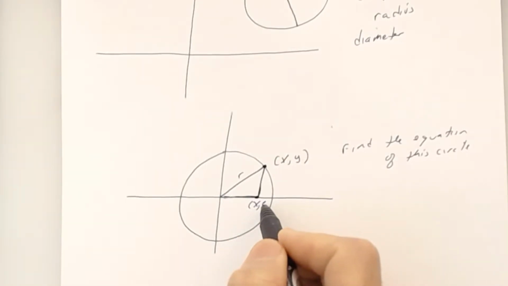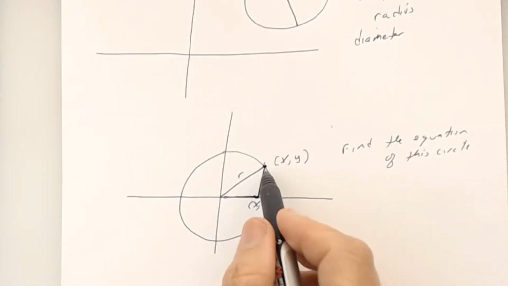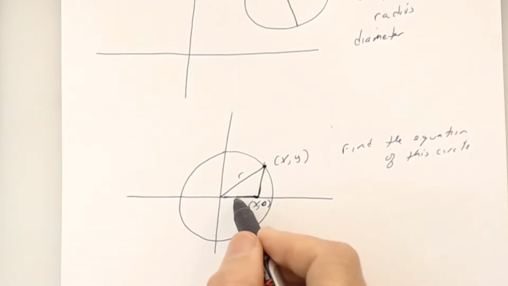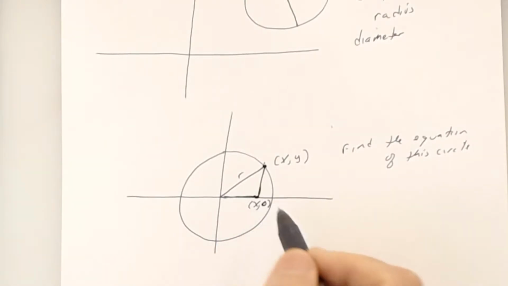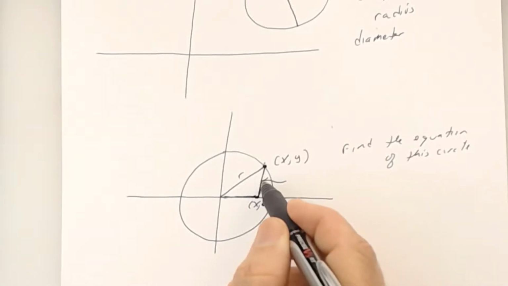You agree it's X, 0 because it's on the X-axis? You agree every point on this segment has X coordinate X? When you're on the X-axis, what's the Y coordinate? 0.